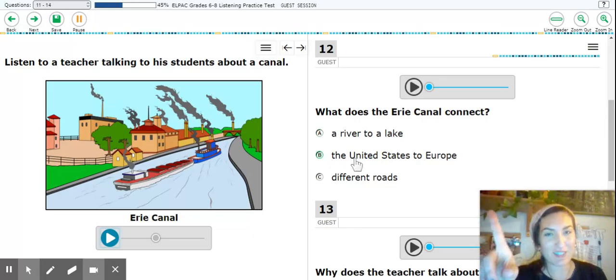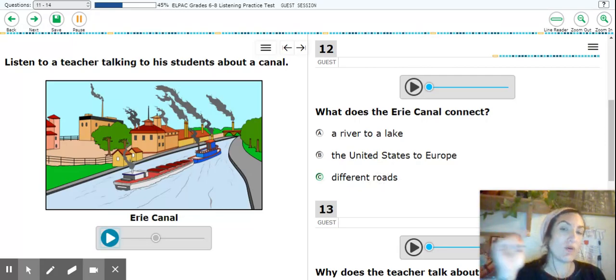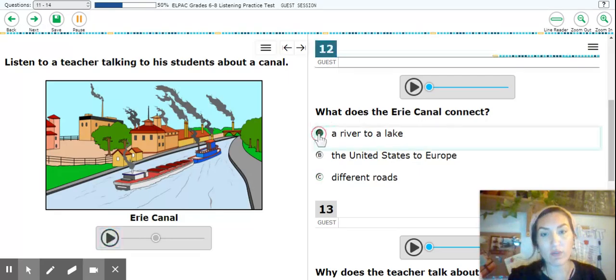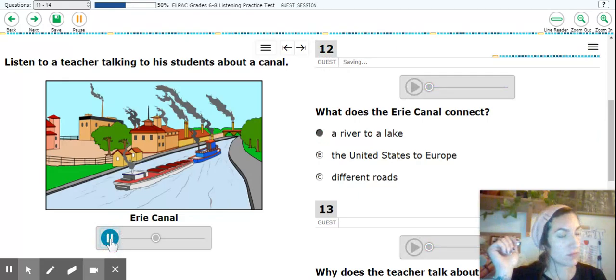It obviously doesn't connect the United States to Europe, because those are on two different continents, and that would be the Atlantic Ocean. Nothing about roads. Even if I didn't know the answer, by process of elimination, I know it's not B or C. But even though the speaker gave me specific names, he did say Hudson River to Lake Erie. So it connects a river to a lake. Number 12. 350 miles.